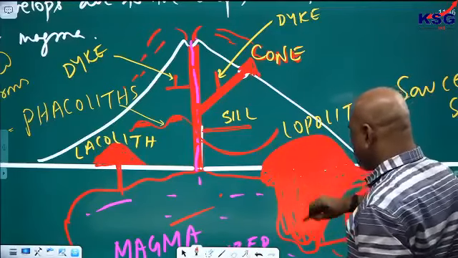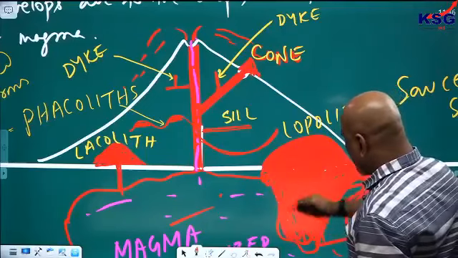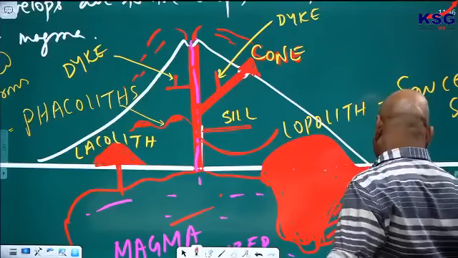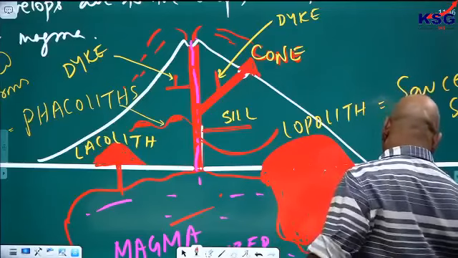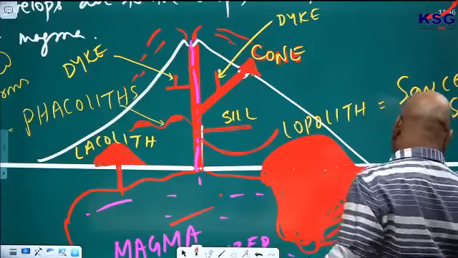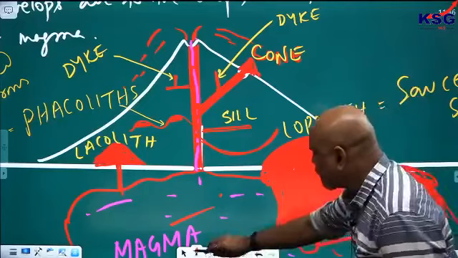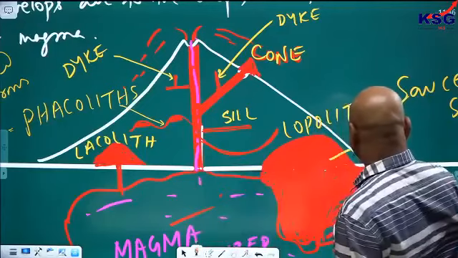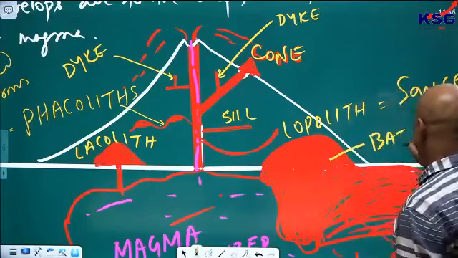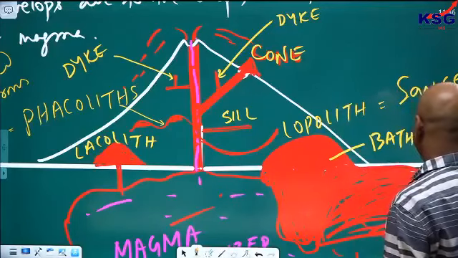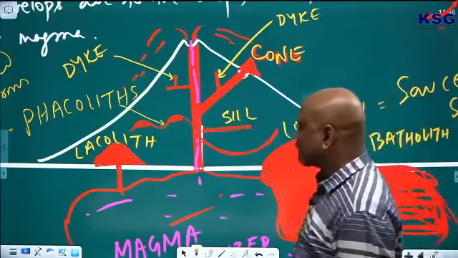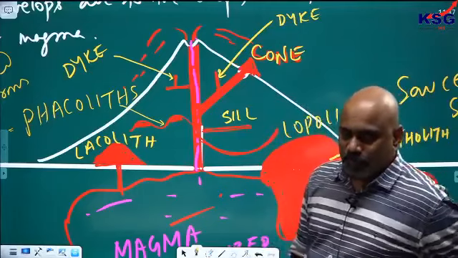Both the cases batholith. लावा टनल जैसा बन के भी batholith बन सकता है, मगर it should be inside. This is called the batholith here.